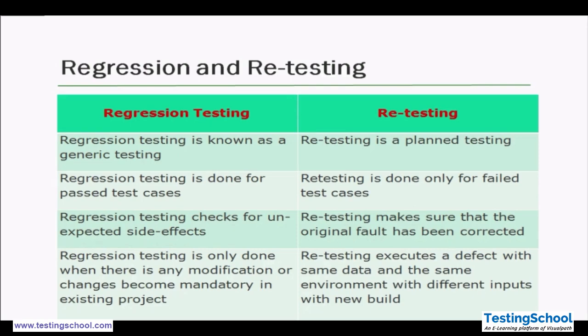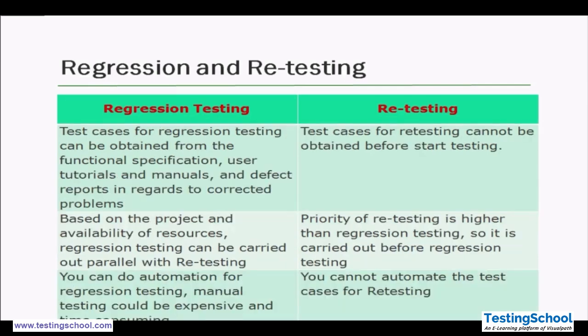The steps and the environment would be the same. Test cases for regression testing can be obtained from the functional specification. But test cases for retesting cannot be obtained from any document, like from the beginning of your testing, because retesting is only done when you have certain failed test cases.